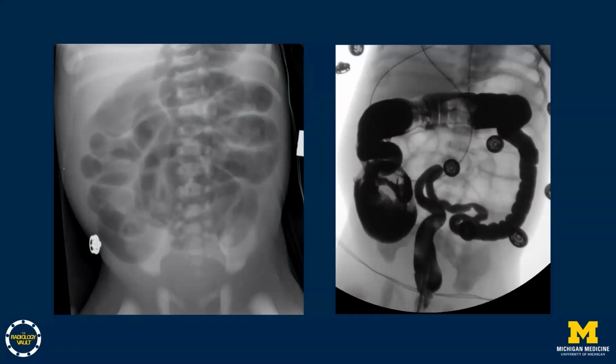Now, we mentioned that the differential, not taking into account history, would be Hirschsprung disease. If this were Hirschsprung disease, we would expect that the rectum would be the same caliber as the remainder of the small left colon. Also, most cases of Hirschsprung disease, approximately 80 to 85%, will have their transition zones, both radiographic and at surgery, in the rectosigmoid.